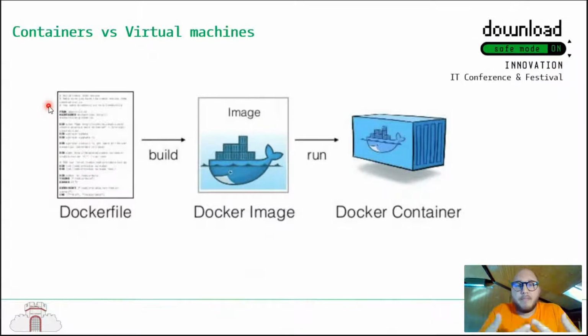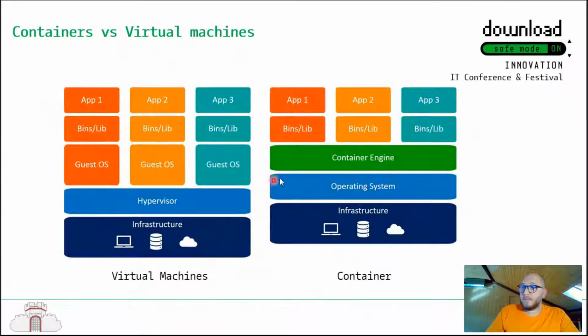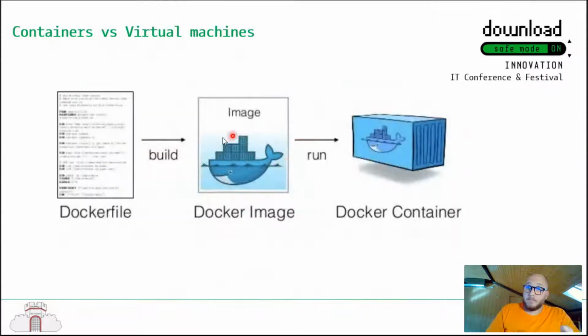In that file, you have everything that you need to create the actual image. An image is not only the operating system that we've seen here. It's a lightweight operating system that is used to run your application.